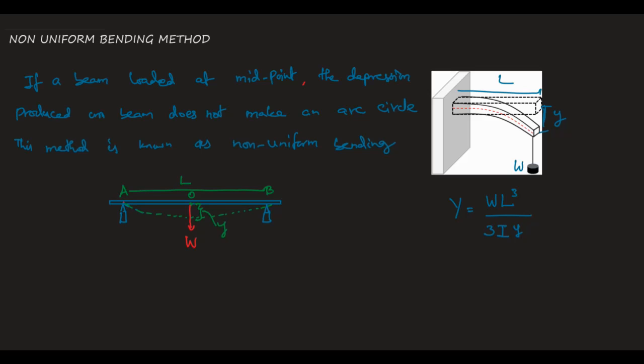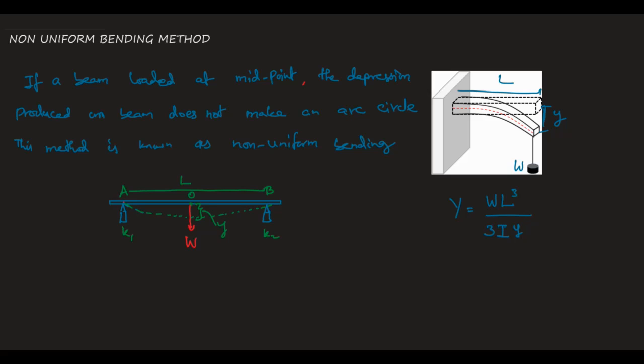Consider a beam with two knife edges K1 and K2 kept at points A and B, at equal distance from the midpoint, so the left side and right side are the same. At exactly the middle point we load the weights. This is the setup of the non-uniform bending.